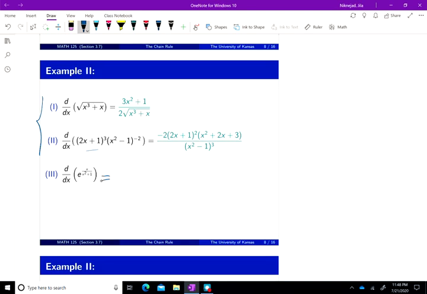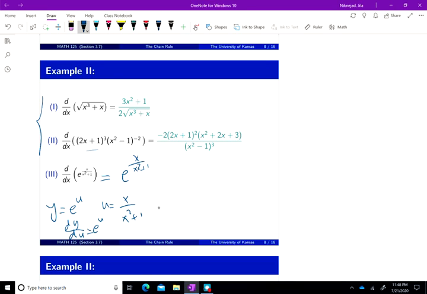What happens then? So in here the outside function is e to the u, and the inside function, so y is equal to e to the u, where u is x over x squared plus 1. So the derivative dy/du is just e to the u, e to the u itself. So basically, the outside shell is e to the power, and that doesn't change.